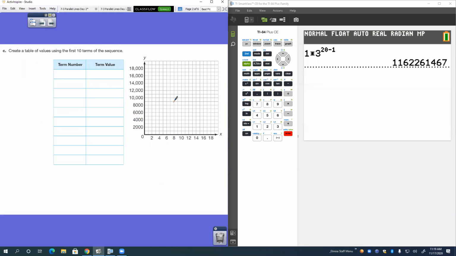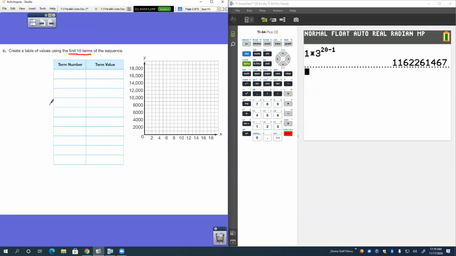What you're going to do today that is new is this. This is what all of your homework questions look like. You are going to have to create a table of values using the first 10 terms of the sequence. Now, sequences always start with 1. You're never going to start with 0.